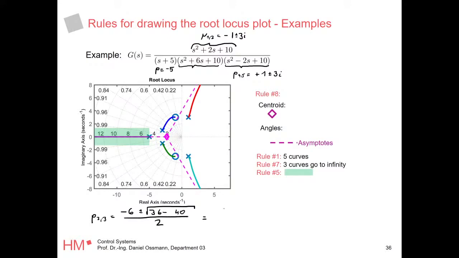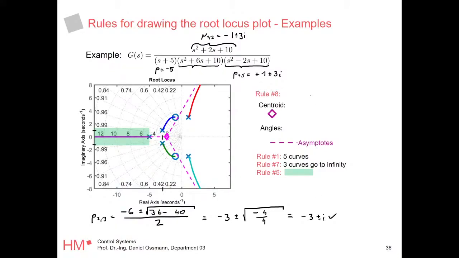So this should be minus 3 plus minus the square root of minus 4 over 4, right? So it's going to be minus 3 plus minus i. Let's check if this is roughly right. Minus 3 plus minus 1. Yeah, okay. Should be okay.